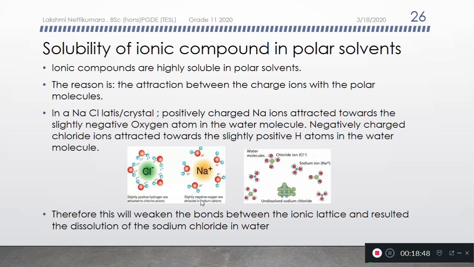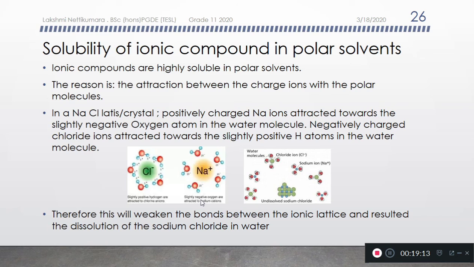In a polar solvent, you know that water has slightly positive, or delta positive, and delta negative charge within the hydrogen and oxygen. So hydrogen is slightly positive and oxygen is slightly negative. So what is happening here?